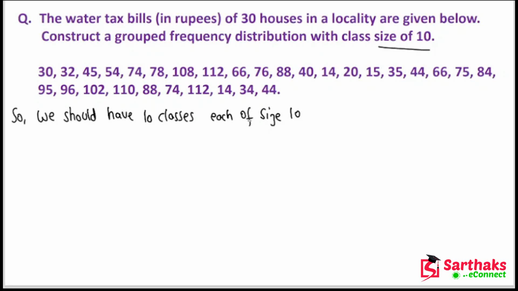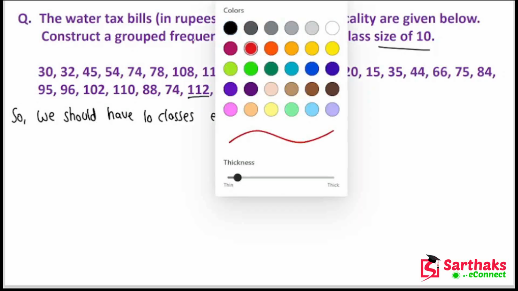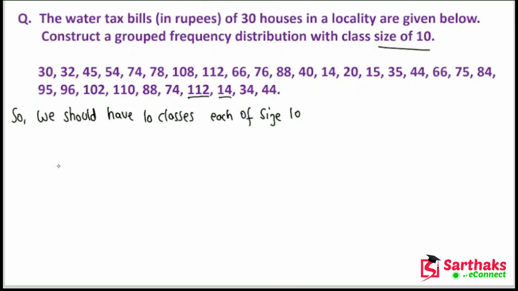So we have to make 10 classes. Now these 10 classes should include the minimum and maximum value. So from where should they start? They should start from the point where they can include the minimum value, which was 14, and the maximum value, which was 112, right? So simple.